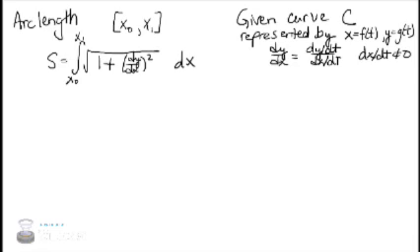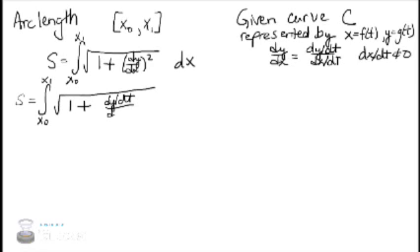So let's play with this formula a little bit so that we can write the derivatives in terms of dy/dt and dx/dt. Our arc length is going to become the integral from x sub 0 to x sub 1 of the square root of 1 plus dy/dt over dx/dt, all of that squared, but that has the effect of squaring the numerator and squaring the denominator.